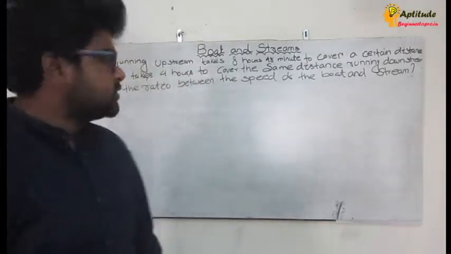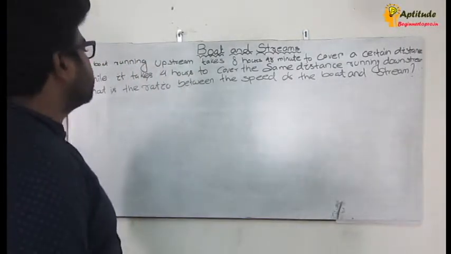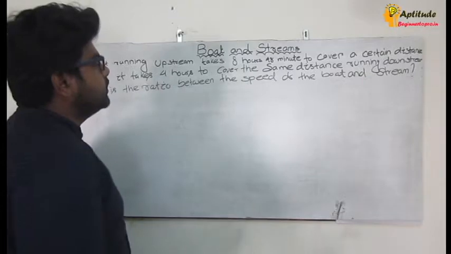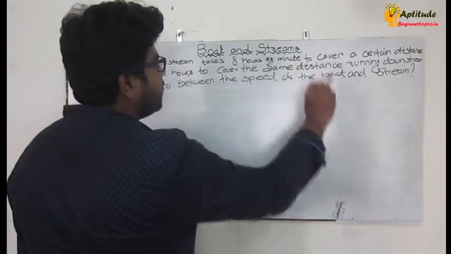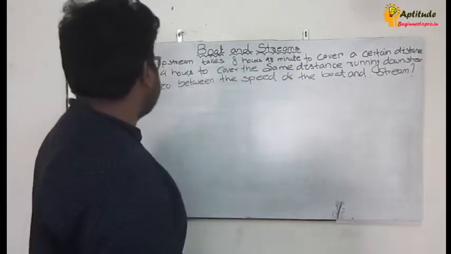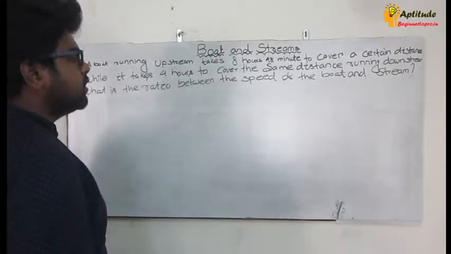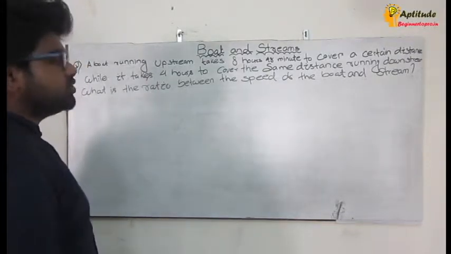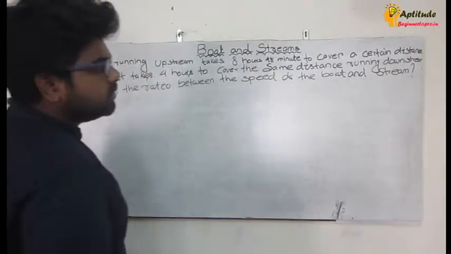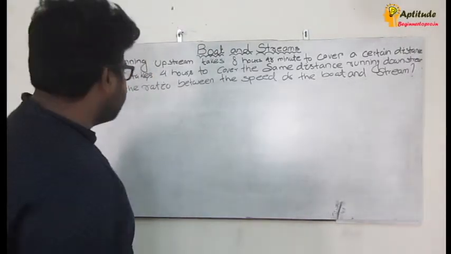So coming to the next question. The question says a boat running upstream takes 8 hours 48 minutes to cover a certain distance, while it takes 4 hours to cover the same distance running downstream. What is the ratio between the speed of the boat and the stream?